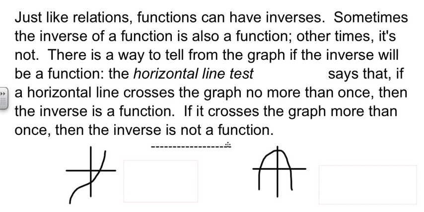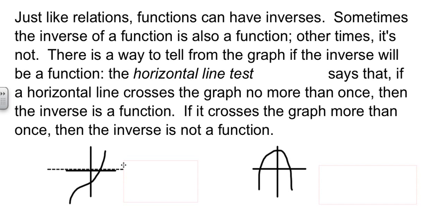So I have my trusty horizontal line here. If you're playing along at home, an uncooked spaghetti noodle would be a good horizontal line because you can move it quickly. A straw, a pencil, something. But here's my trusty horizontal line, and I'm going to take it across my function and see if it ever crosses the function more than one time.